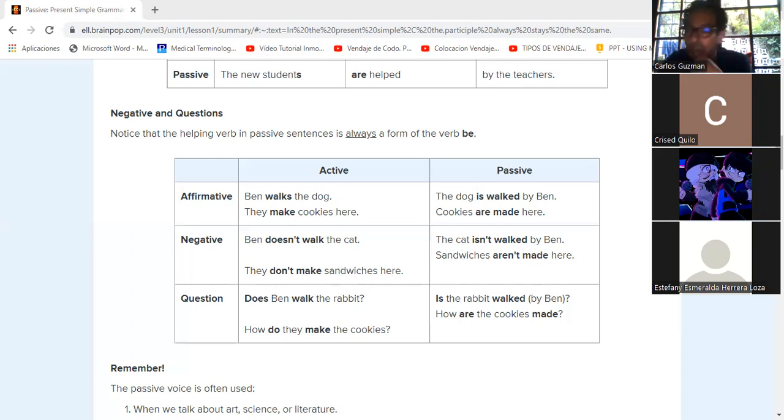Araceli, can you read those negative examples, please? Both of them, please. The one I read and then the other one. Ben doesn't walk the cat. They don't make sandwiches here. Okay, the passive one too, though. Read the passive of the same sentence.